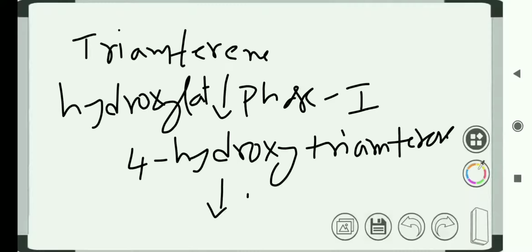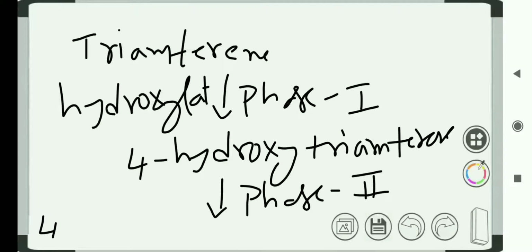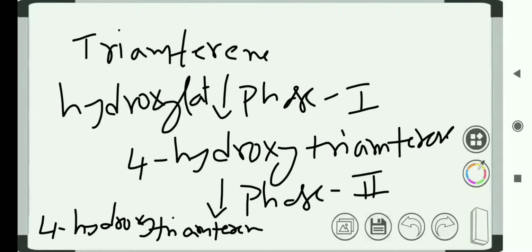On further transformation in phase 2, we are going to generate 4 hydroxy triamterene sulfate.